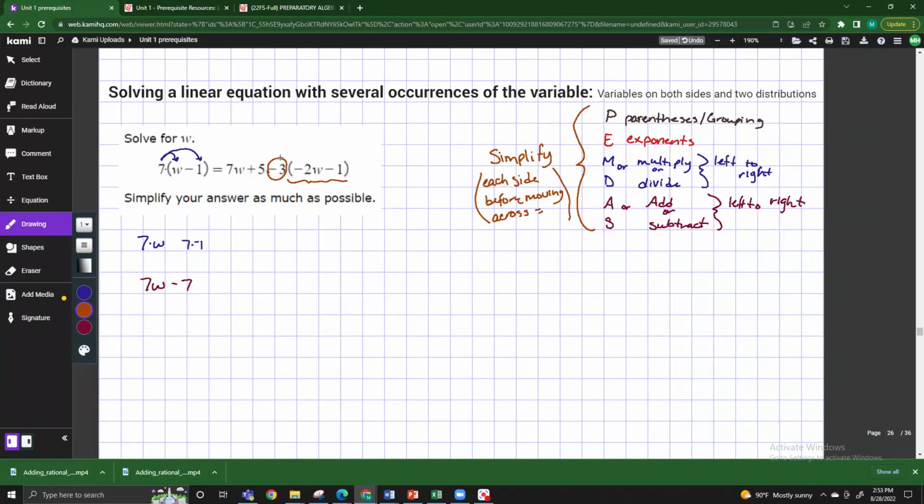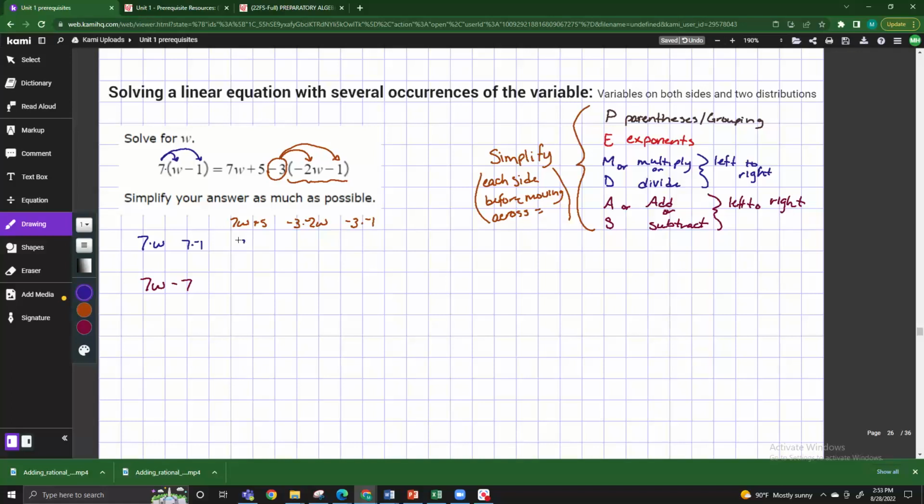So this is what gets done first: -3 times -2W, and -3 times -1. So I have 7W plus 5, and then I have -3 times -2W, and then -3 times -1.